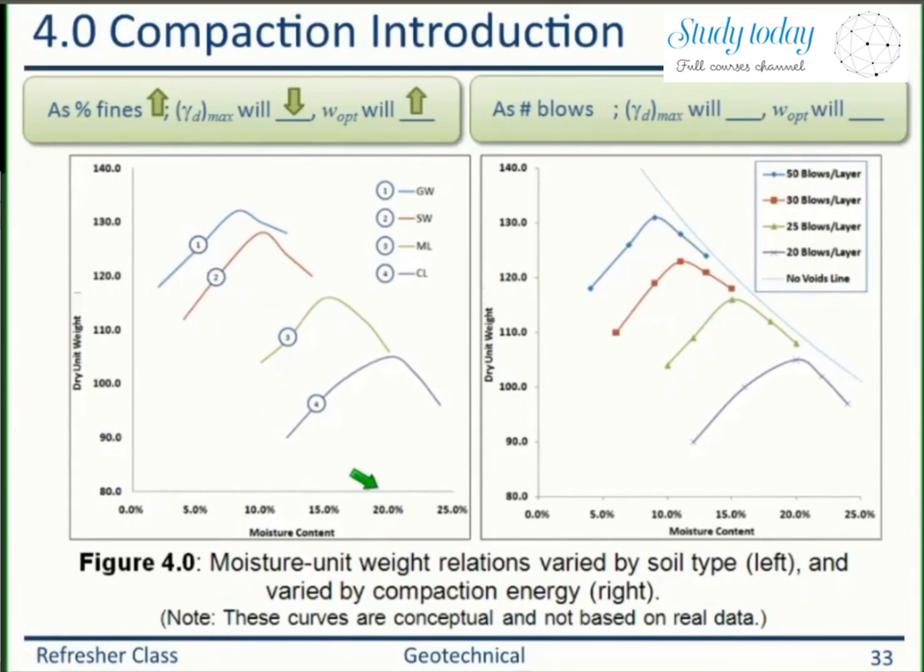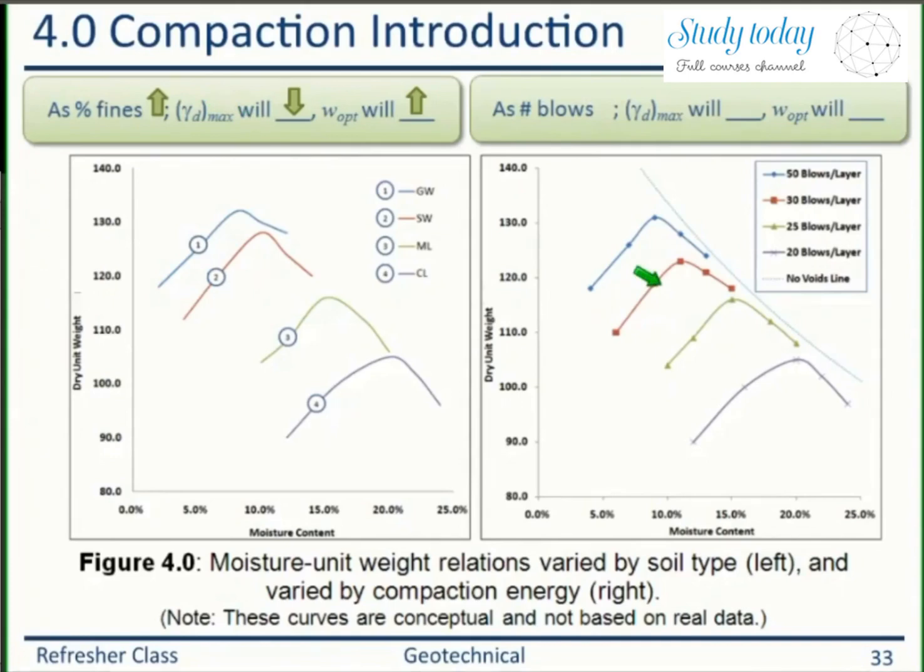So your job is to understand that dry unit weight and moisture content are inversely proportional. If the dry unit weight gamma D max increases, optimum moisture content will decrease. Or if the optimum moisture content increases, your gamma D max will decrease. So they are inversely proportional.